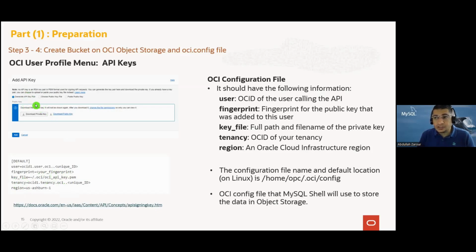When you upload the key here, you will get the fingerprint. So these are important parameters. Either the file is placed on the OCI side, on the compute machine, or on the Azure VM machines. This step is important, so that we will use this config file to access the object storage in order to dump the data.